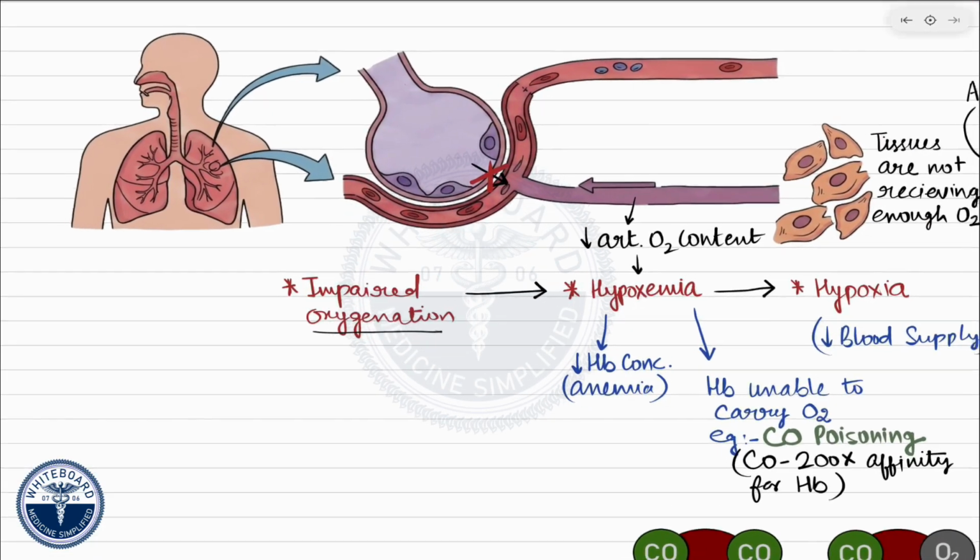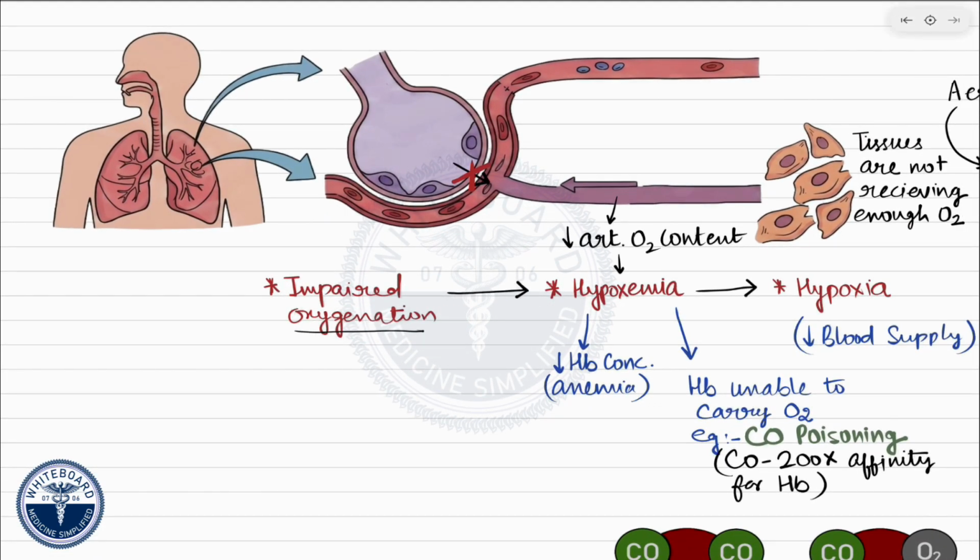Impaired oxygenation means that the lungs are not transferring enough oxygen from the alveoli into the bloodstream. On an ABG, we identify this by looking at the PaO₂. A PaO₂ below about 80 millimeters of mercury indicates impaired oxygenation. But here is an important point. Impaired oxygenation does not automatically mean that the tissues are already hypoxic.